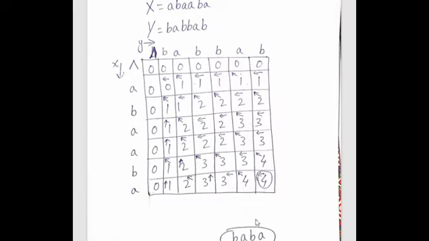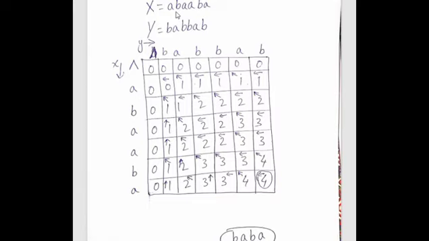So you got the approach to find the longest common subsequence. Let me give you a recap: in the question you will be given 2 strings and asked to find their longest common subsequence. You have to draw a table like this.